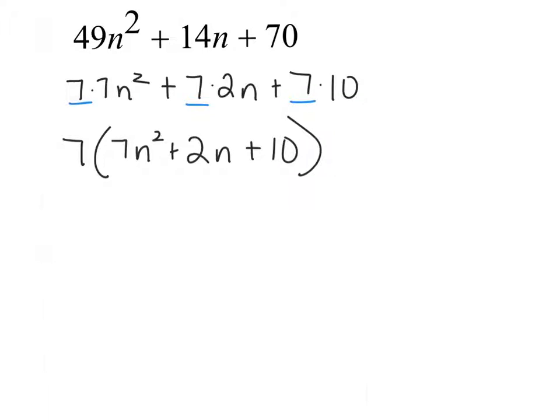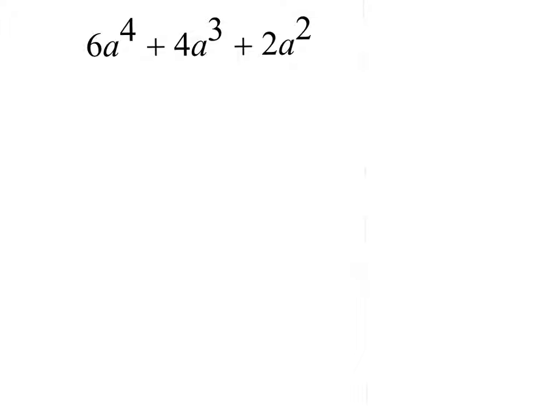Here on this last one, because each of the numbers are even, we know that a 2 goes into each one of those. But we also need to recognize that the 2 is prime, so that's as far as we're going to be able to factor, because there won't be anything else that can go into the number 2. We also need to notice that each term has the variable a in it.